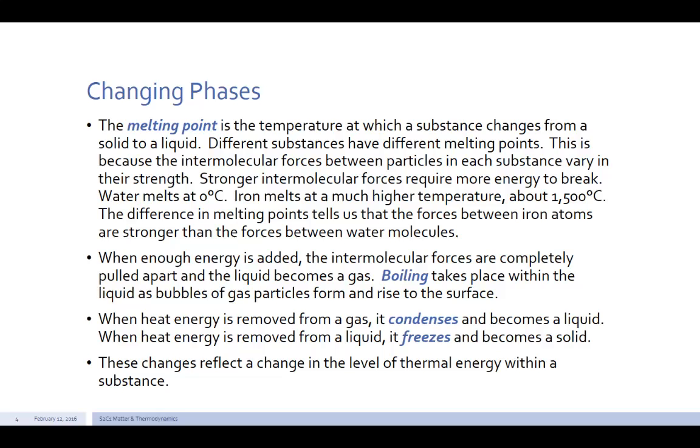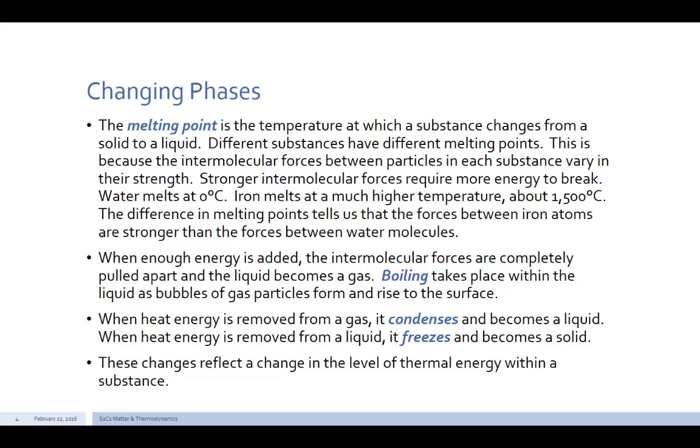Now, when heat energy is removed, we're going to go the opposite direction. We have condensing, where the gas becomes the liquid, and we have freezing when the liquid becomes the solid. And these changes reflect the level of thermal energy. Again, remember this is internal average kinetic energy within the substance.